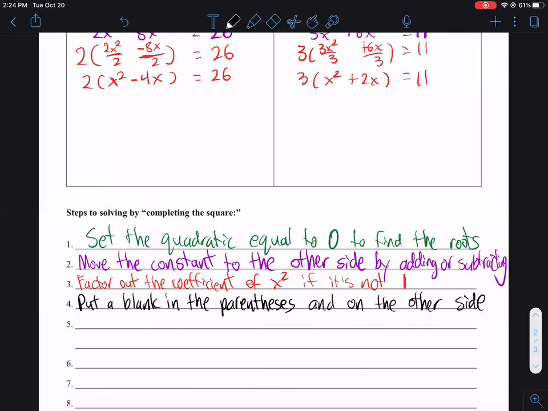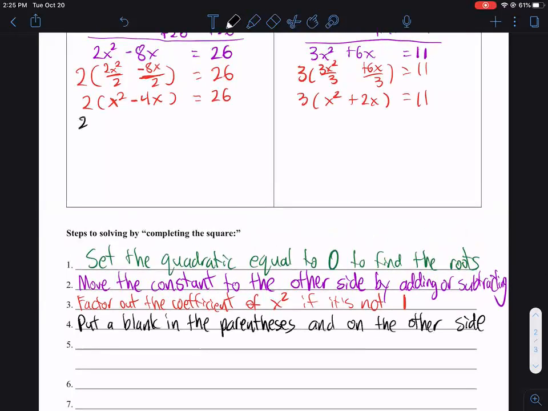So in this parentheses, I'm going to put just a blank because I'm going to have to figure that out later. And then on the other side, I also put a blank. The only thing I'm doing at this step is putting in these 2 blanks, one in the parentheses and one on the other side of the equal sign.